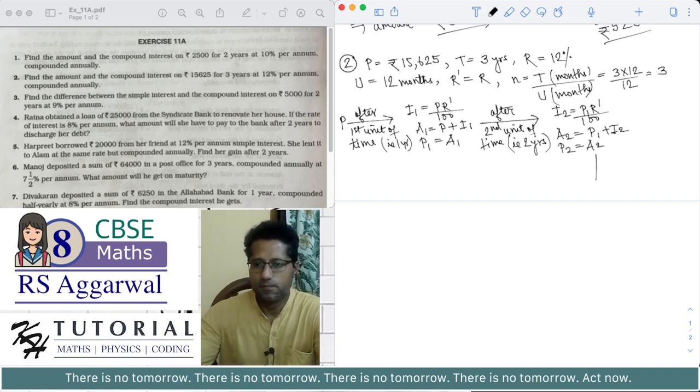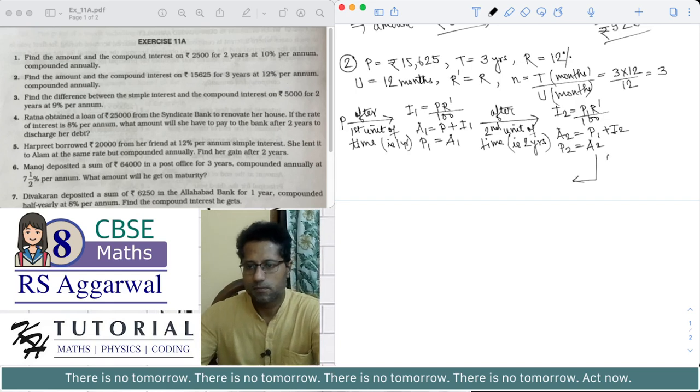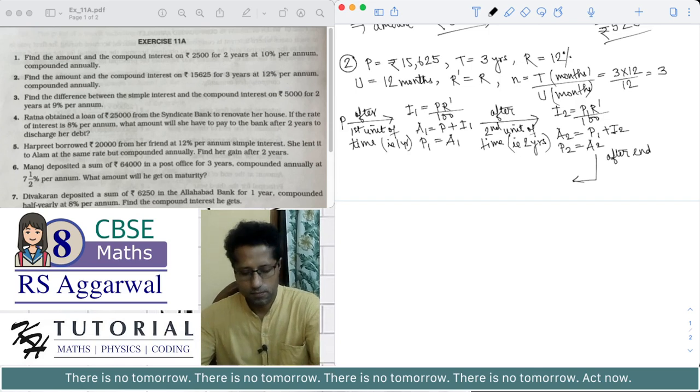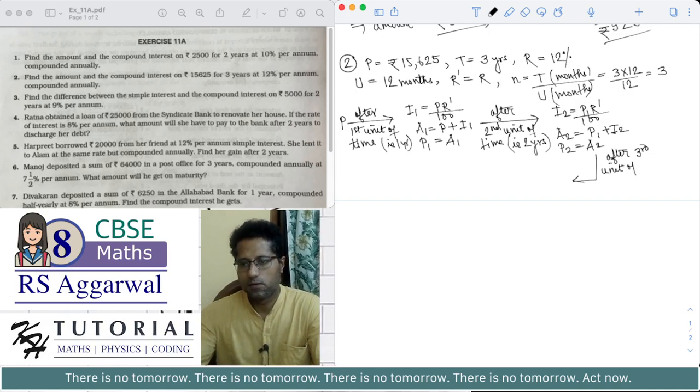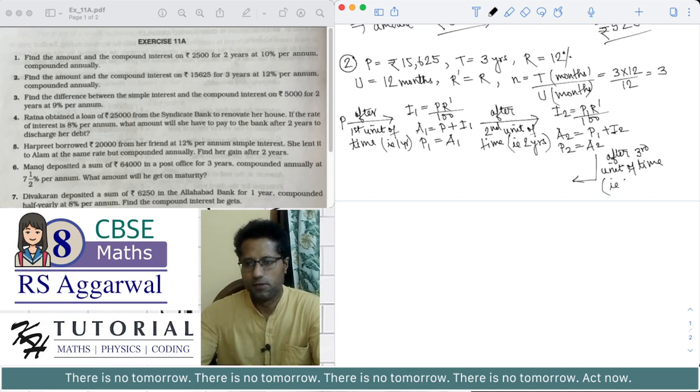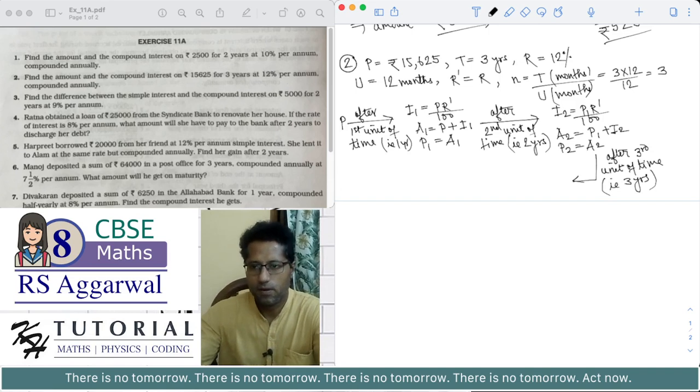And finally, after the third unit of time, that is 3 years, we have I3 equal to P2 R dash by 100.